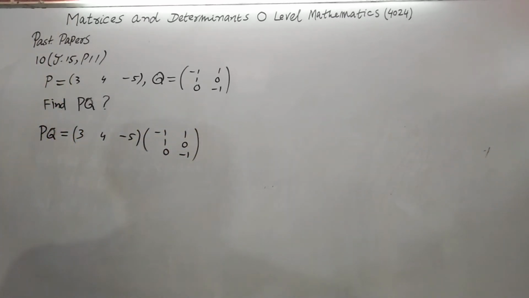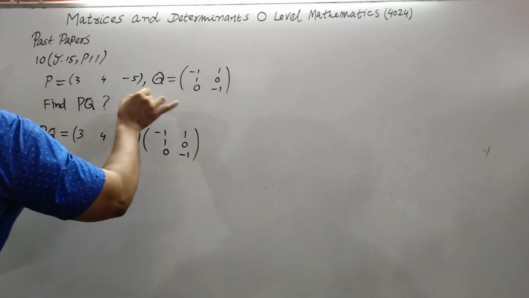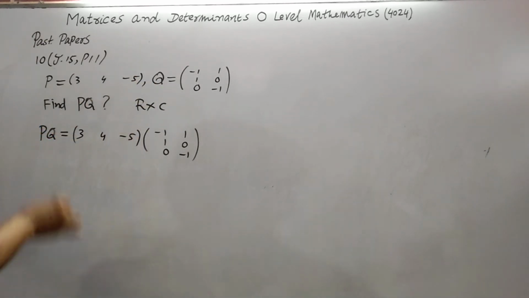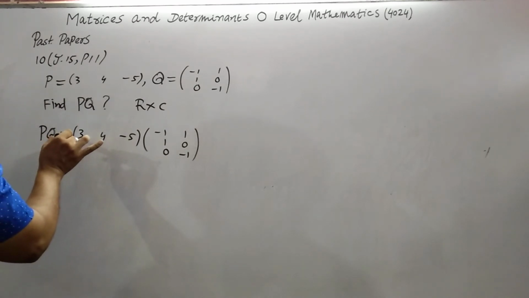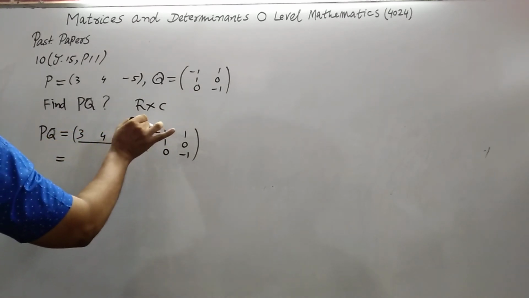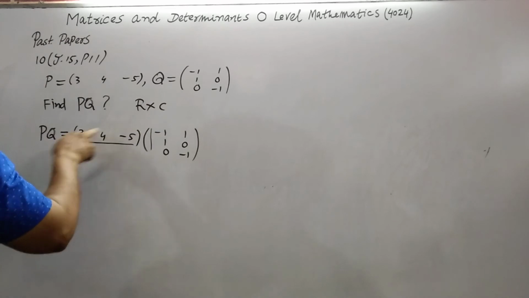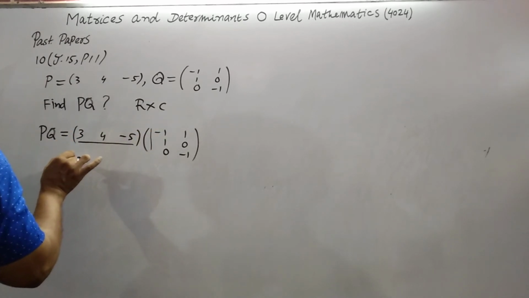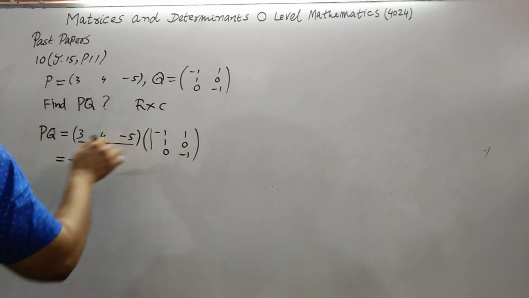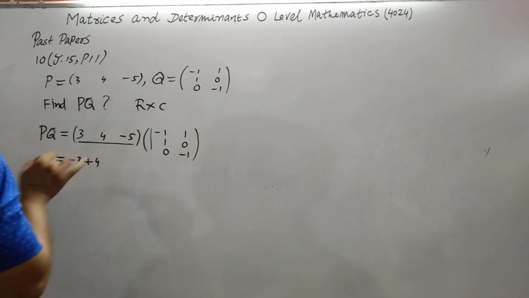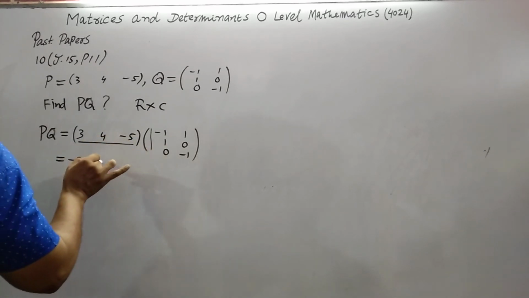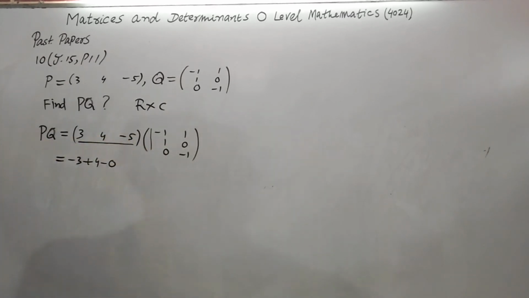So when we multiply two matrices, we always multiply rows by columns. So this first row multiply by first column. 3 into minus 1, minus 3. 4 ones are plus 4. Minus 5 into 0, minus 0.